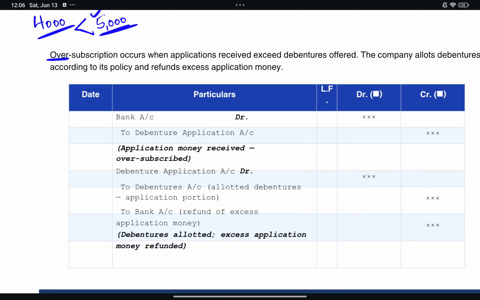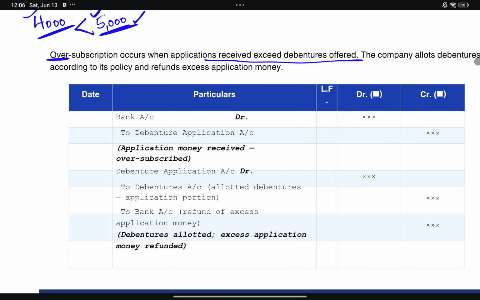Okay, so how will we do this? Over subscription occurs when applications received exceed debentures offered. This is over subscription. Got it? Like this, applications received are 5000 and we offered debentures of 4000.